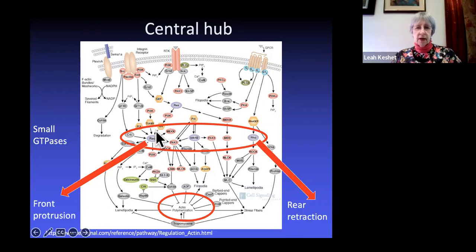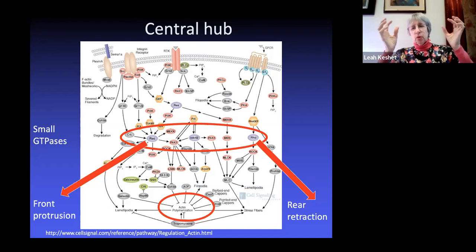So you can think of it as some of these being responsible for the front protrusion of the cell, and others for the retraction of the rear. It will be important for them to also become localized inside the cell so that they will only allow actin to polymerize at the front and only allow myosin to retract at the back, roughly speaking.